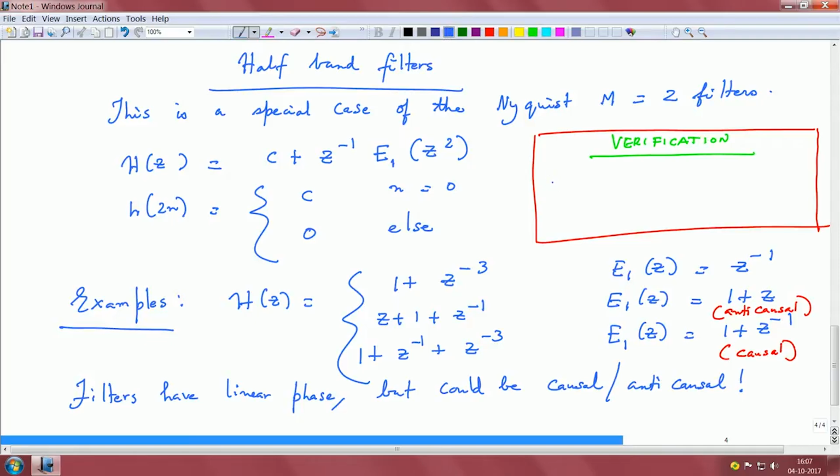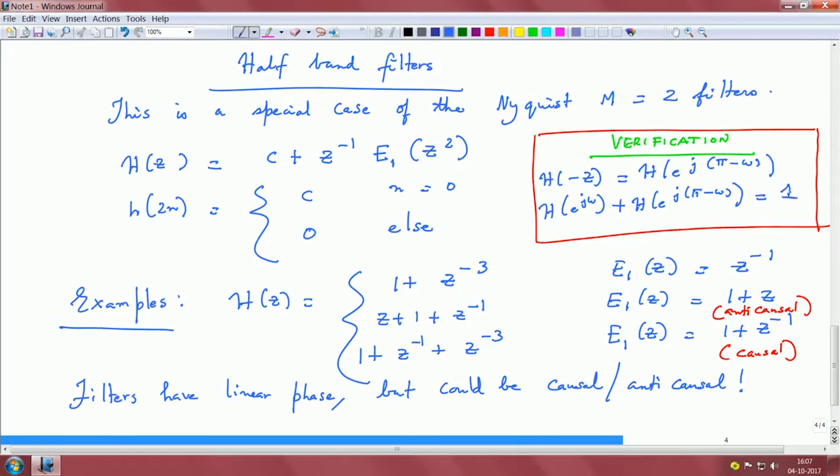So, we take h of minus z, which is h of e power j pi minus omega, and h of e power j omega plus h of e power j pi minus omega, this is equal to 1.